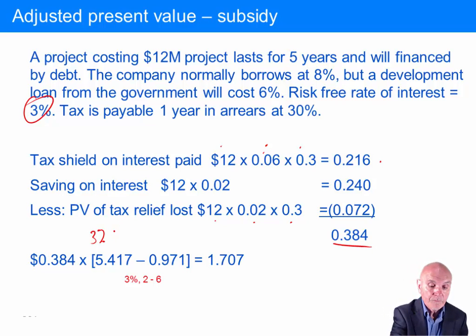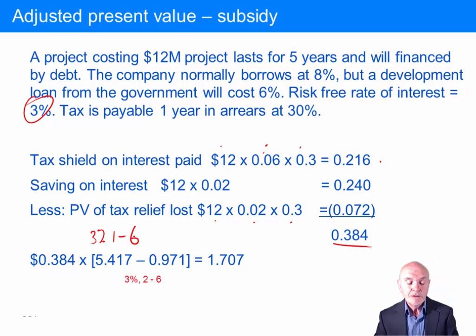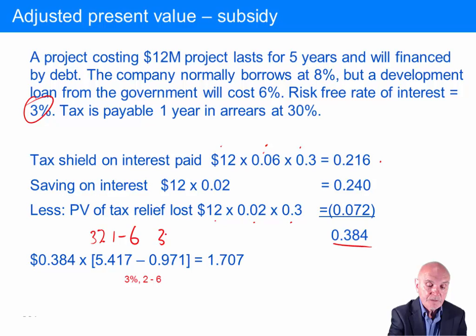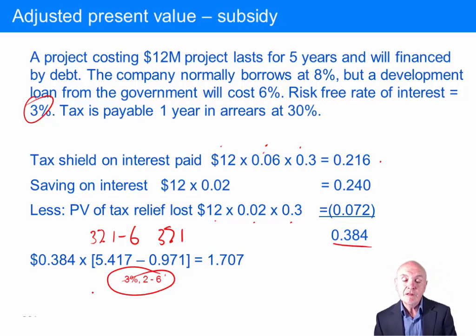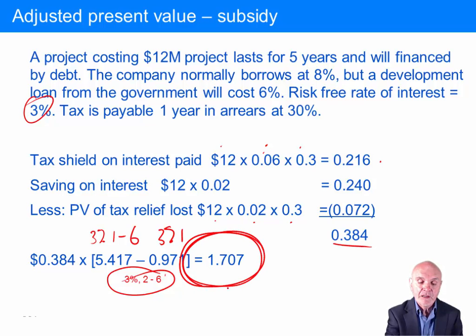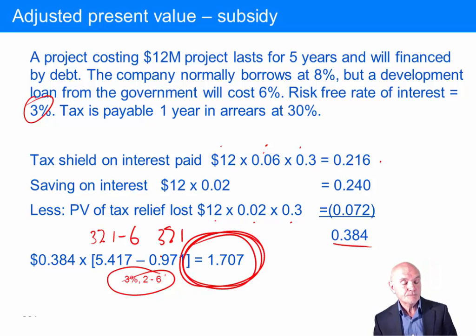This is going to be the 1 to 6, and then you take off the 3% for year 1, and you're left with the 3% cumulative discount factor for years 2 to 6. And so the benefit of this type of finance is that. So it is looking at the savings from the subsidy and from the tax, and evaluating it at the pre-tax cost of debt.